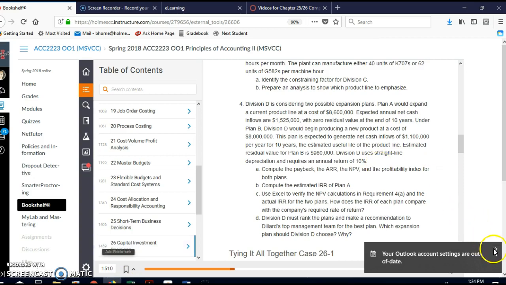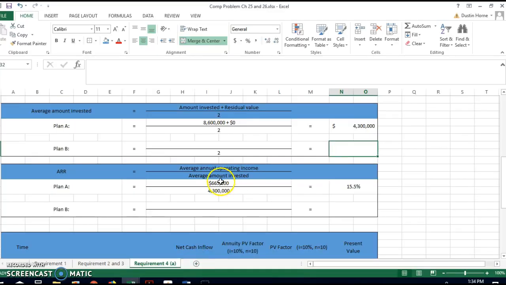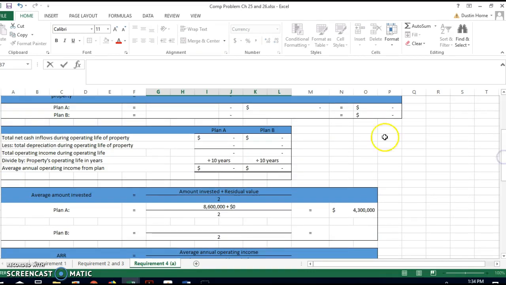Now, the average operating net income, I'm trying to find where exactly that came from. Okay, yeah, I need to delete that because you need to figure that out. But big hint, it's 665,000, but that is this number up here.